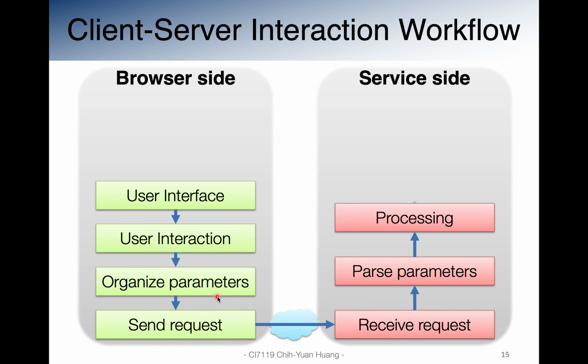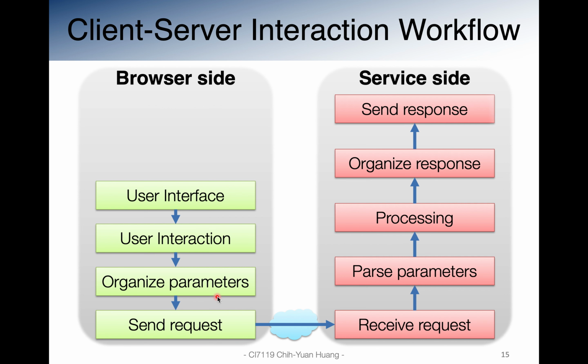Then the processing becomes the organizing of the response. After the response has been organized, the service will send it back to the browser, and the browser will receive the response, which is packaged according to the service API.